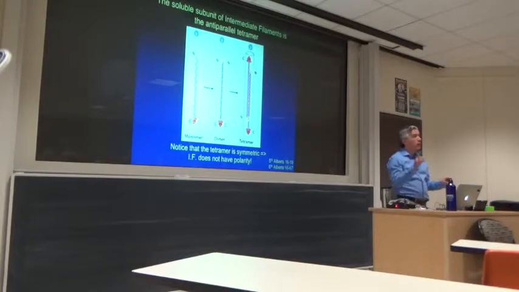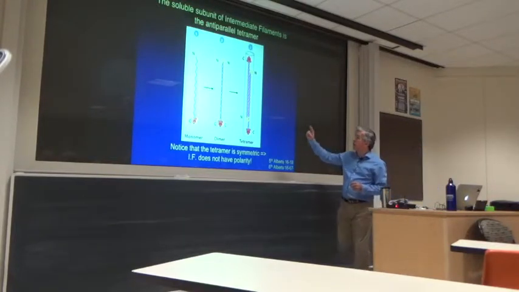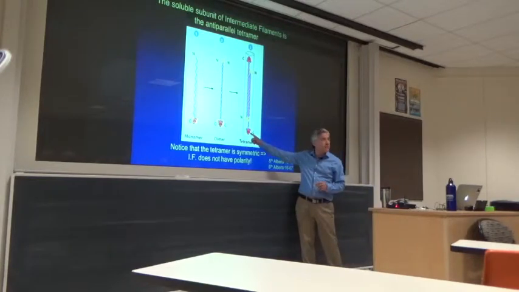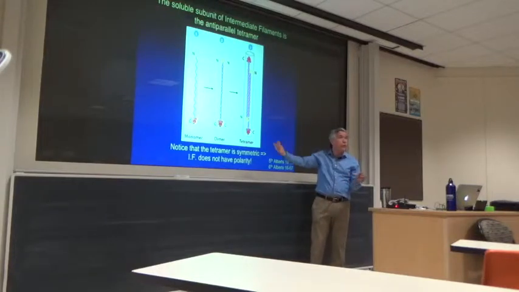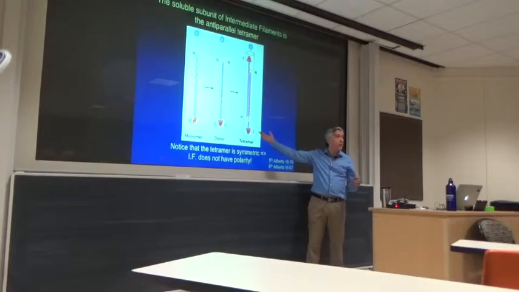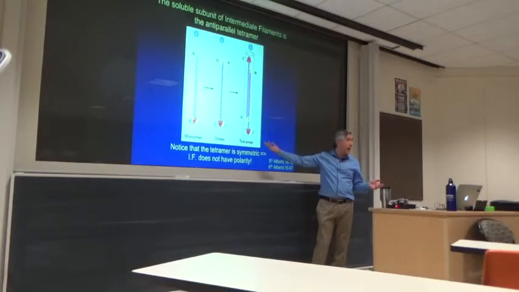Now, you will notice immediately that this subunit here, which is a functional subunit of intermediate filaments, is completely symmetrical. You could flip this 180 degrees, it will look identical. Therefore, this subunit does not have polarity, unlike actin, unlike microtubules.